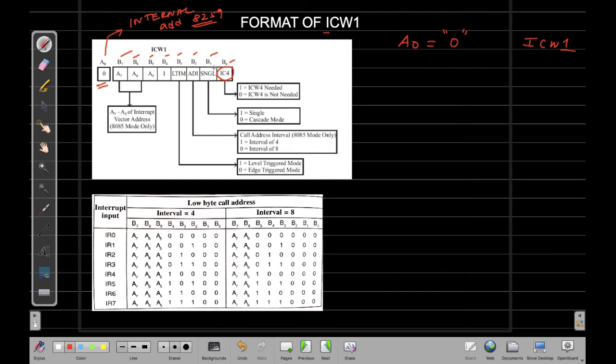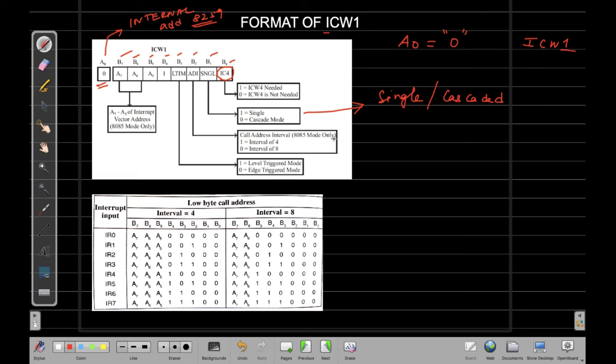Then we have bit number 1, called SNGL. This indicates the mode of operation, whether I am going to operate this IC in single mode or cascaded mode. This is based upon the requirement of the application. This needs to be set in the second bit of ICW1.